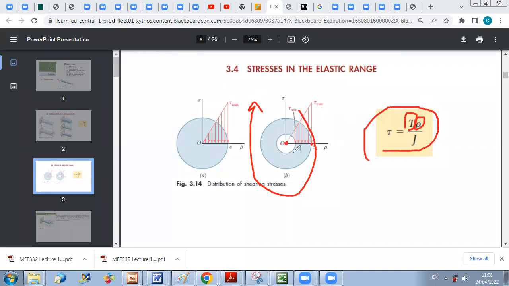So here you have a couple around torsion moment around O that you computed, and then the shear stress distribution along the cross section will be T times rho, where rho represents the distance from the point of interest to center O, over the polar moment J about O.